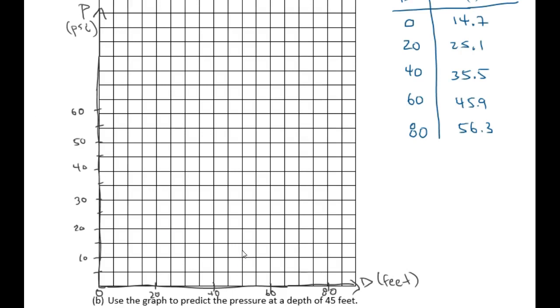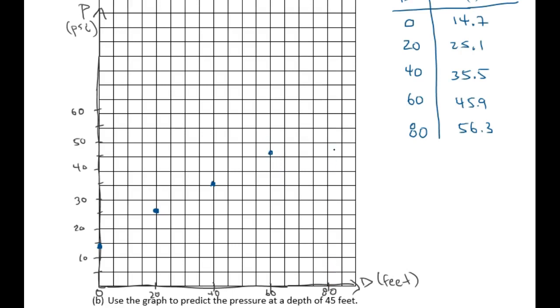And then we can graph my ordered pairs. So 0 and 14.7. It's going to be in here somewhere. Then we have 20 and 25.1 in that area somewhere. 40 and 35.5, in there somewhere. 60 is 45.9.